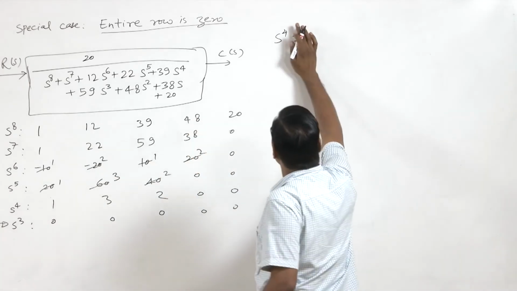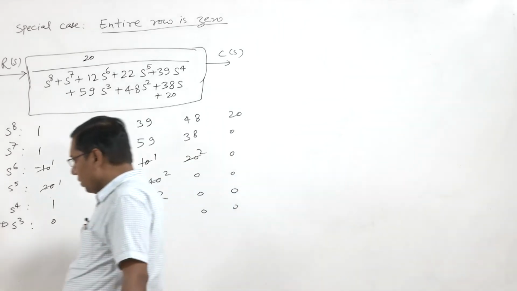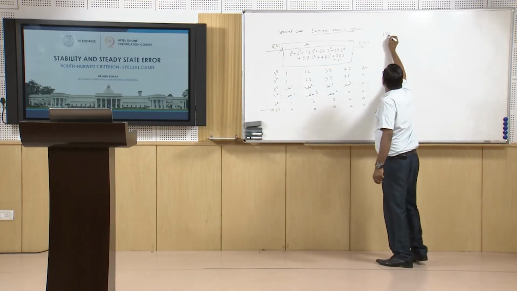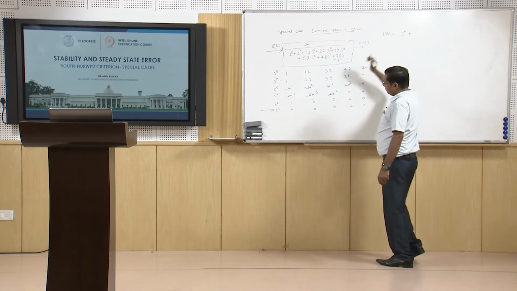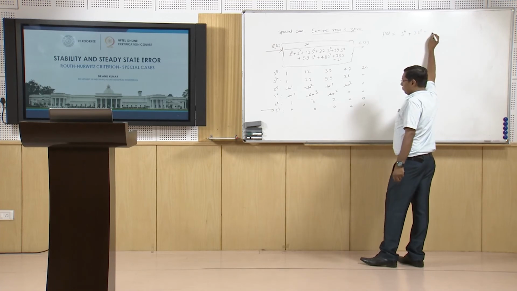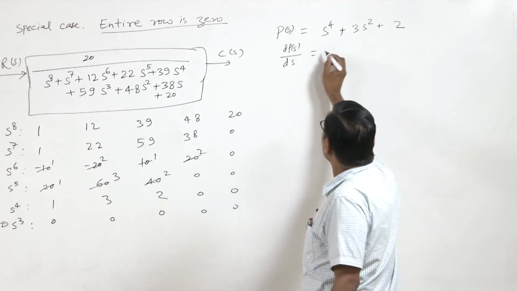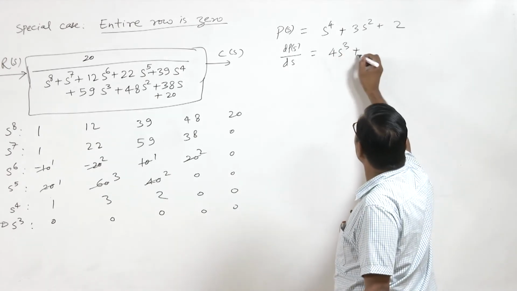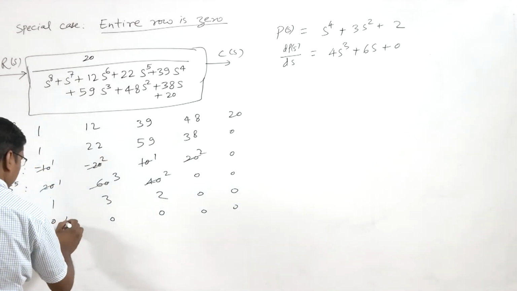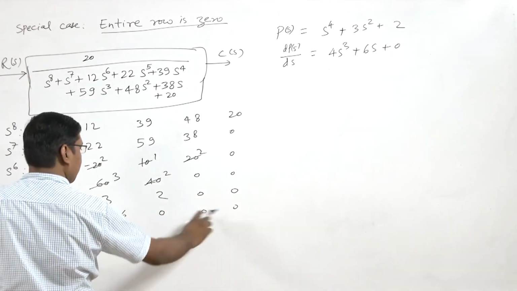So here we will have the even polynomial P(S) equal to S power 4 plus 3S square plus 2. So dP(S) by dS is equal to 4S cube plus 6S plus 0. So here we can write 4 and here we can write 6 and 0.